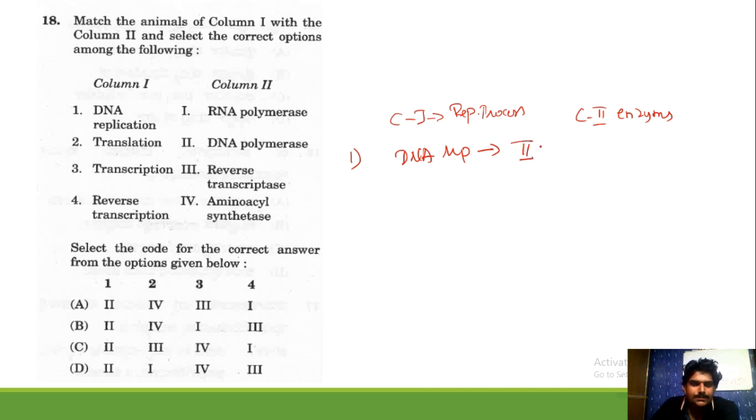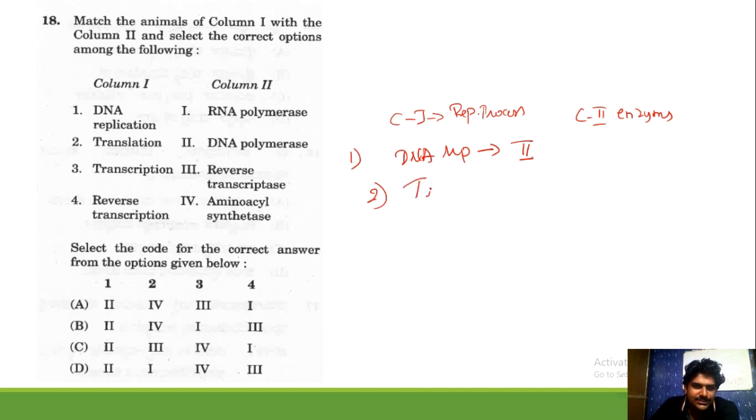So what does DNA polymerase do? It fills the gap during the process. Wherever there is a gap in the 3 dash 5 dash end, that will be filled by this DNA polymerase. There are two types of DNA polymerase, DNA polymerase 1 and DNA polymerase 2. That is the answer for this first one.